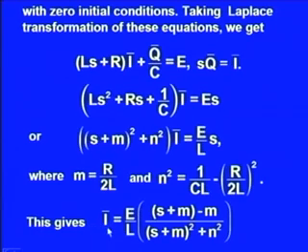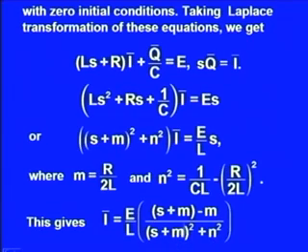So, when you take the inverse Laplace transform, the inverse Laplace transform of I bar will give us I, E by L is a constant, and then the inverse Laplace transform of this expression will be the inverse Laplace transform of s plus m over s plus m whole square plus n square minus the inverse Laplace transform of m over s plus m whole square plus n square.